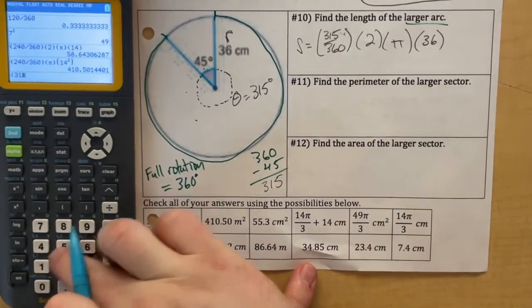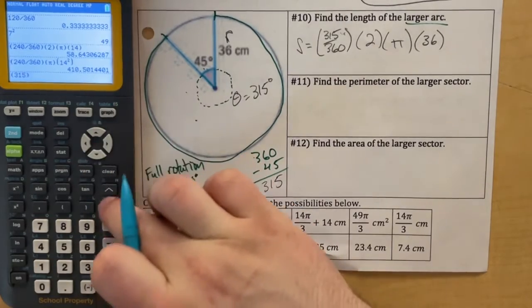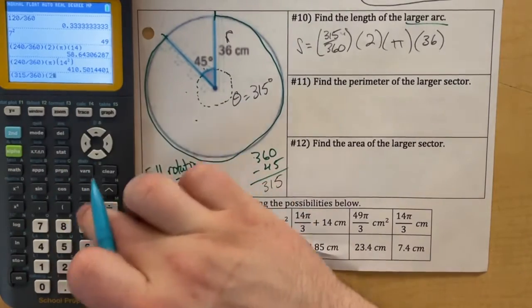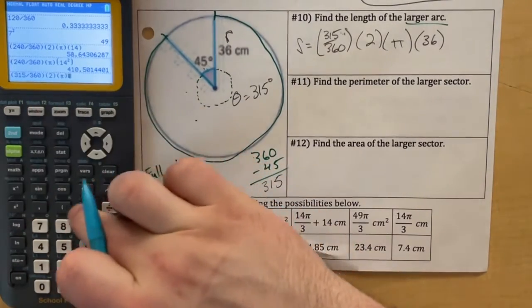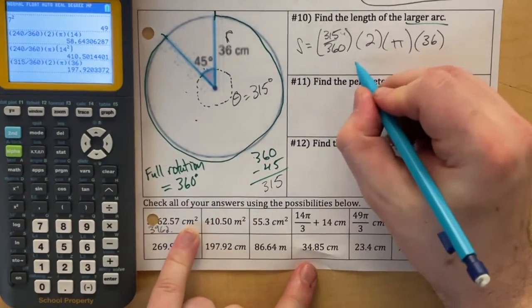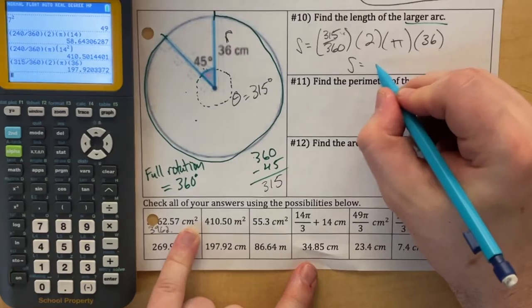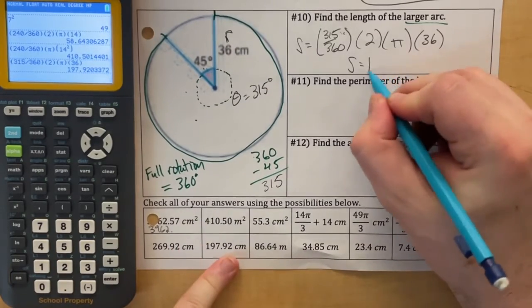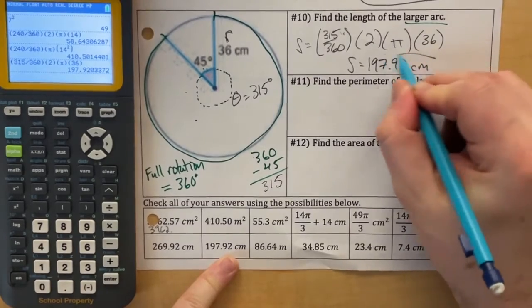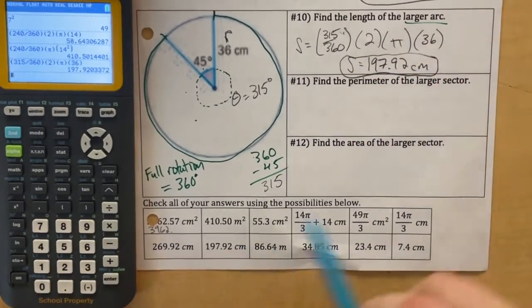I have 315 divided by 360 times 2 times pi times the radius, which is 36. This arc length is going to be 197.92 centimeters, and we actually see that choice down there. So make sure you're using that list of answers for your checking.